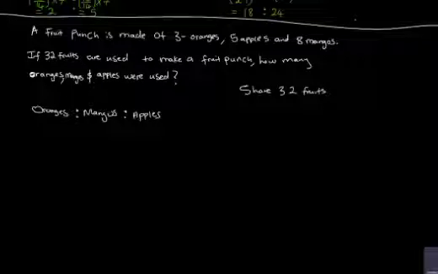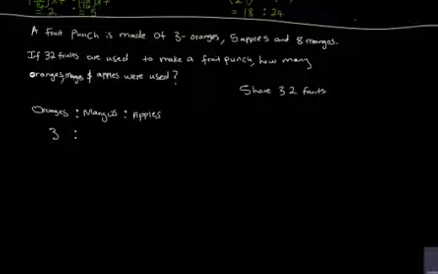All right, so if you check them, we've got how many oranges? 3. Mangoes, if you check the statement, you need to make sure you check the statement very correctly, so mangoes is 8, and for apples it's 5.